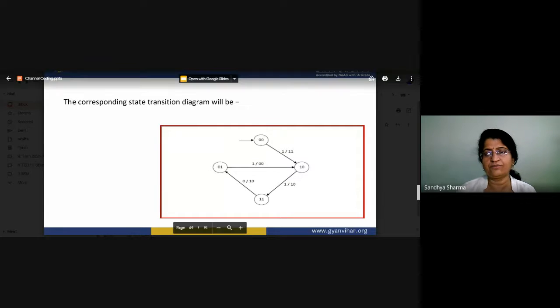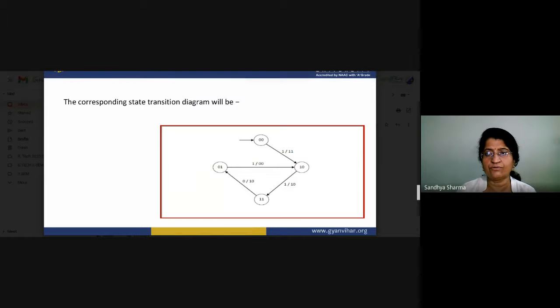And after that, you will reach 1 0. So there are four paths according to which you have to enter the bits. So this is the state transition diagram, and in this diagram we use the symbol for the encoder, and we enter the bits one by one, and according to our procedure, we calculate C1 and C0.